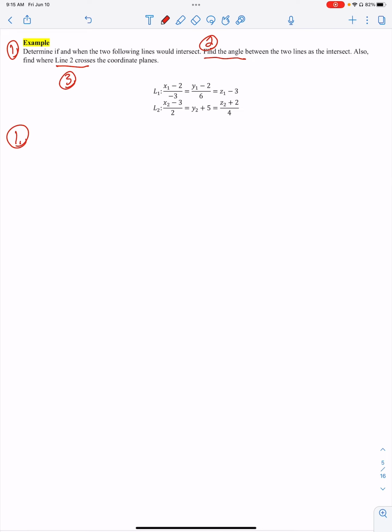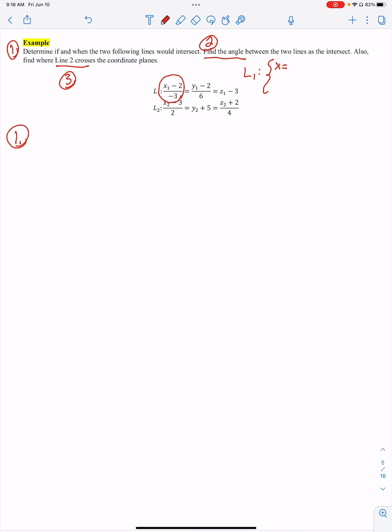All right, so number 1, this is just like the last example. Now, the only thing that kind of bothers people is they don't like symmetric form, and that's fine. I don't mind it; it doesn't bother me. So we will write this in parametric. What I do is I look at here and I just solve. So I think about if that was equal to t.